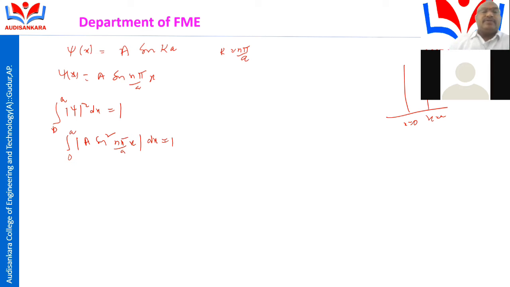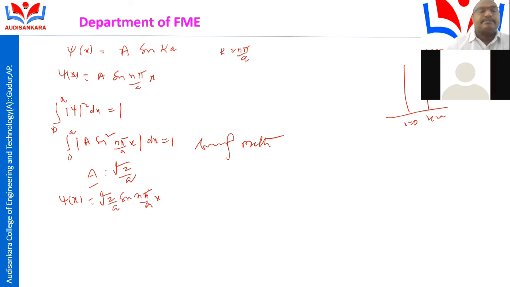On simplification, mathematically A is equal to root 2 by a. Substituting root 2 by a in place of A, therefore psi of x is equal to root 2 by a sin n pi by a into x.